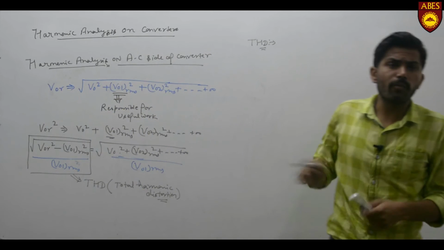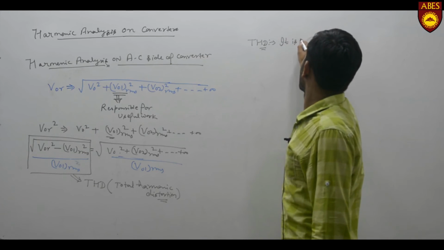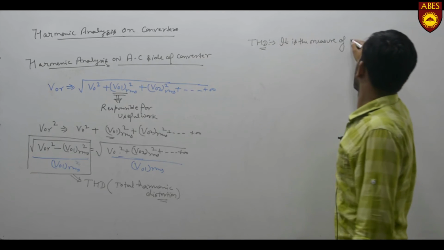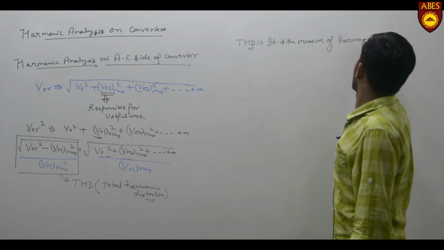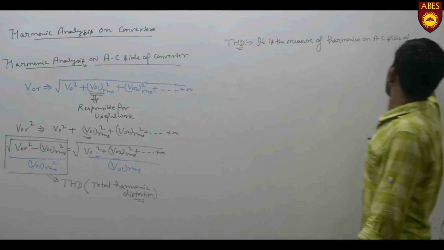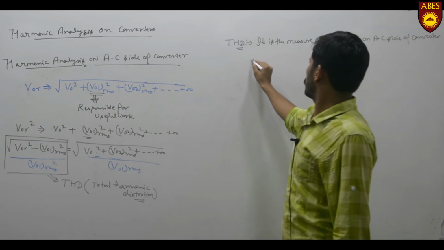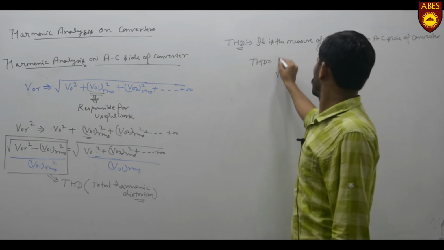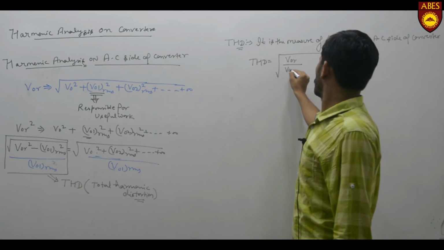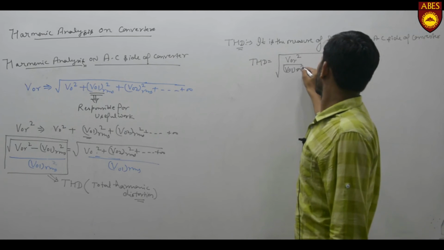It is the measure of harmonics on the AC side of the converter. THD is equal to the square root of total RMS voltage divided by RMS voltage of the fundamental component, squared, minus 1.